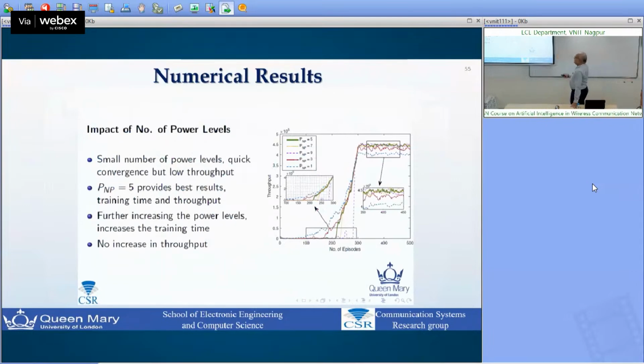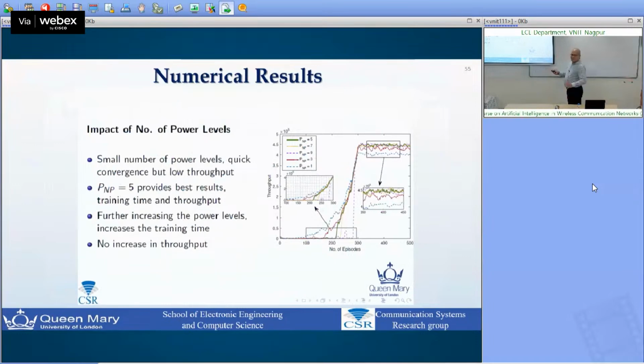Now the impact of power levels. Here we have power level settings like 1, 3, 5, 7, 9. When we have a small number of power levels, it converges quickly, but the problem is low throughput, because we cannot control the interference.